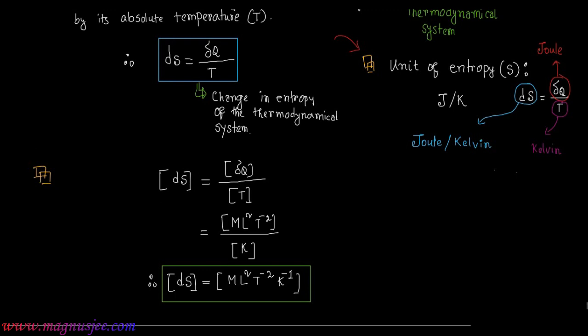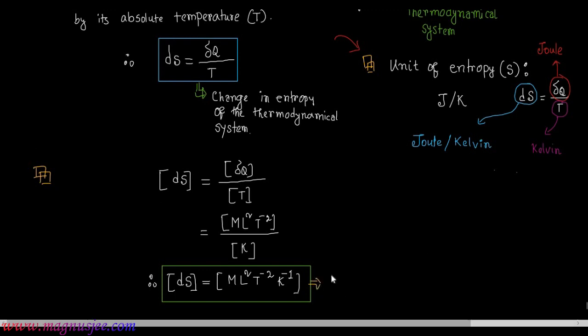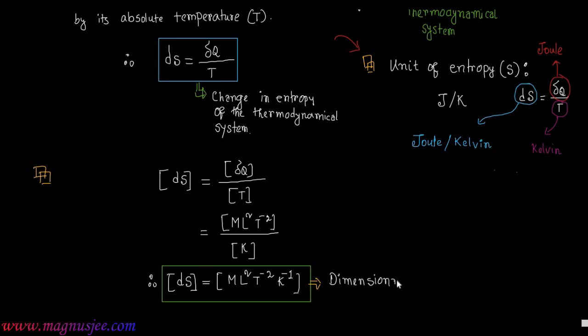The dimension of dS is ML^2T^-2K^-1, which is the dimensional formula of entropy.